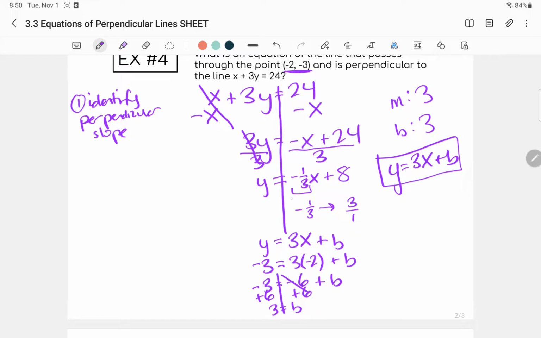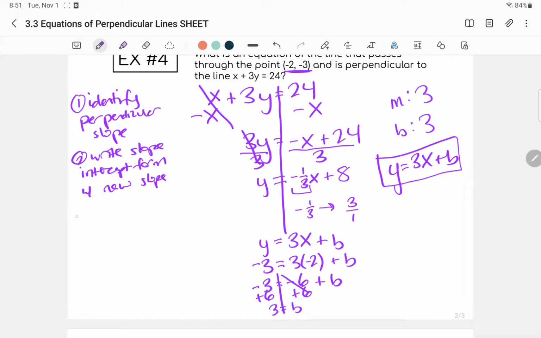I then identified my perpendicular slope. I said -1/3 has to be the opposite reciprocal, so it's +3. So that's what I found first. Then I have to write my slope-intercept form with the new slope. So I wrote y equals 3x plus b, right? My intercept form with new slope.